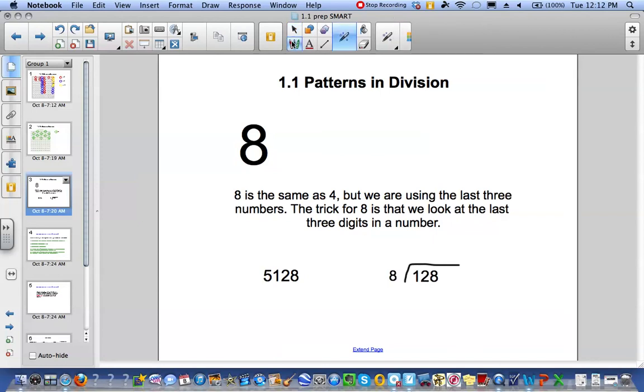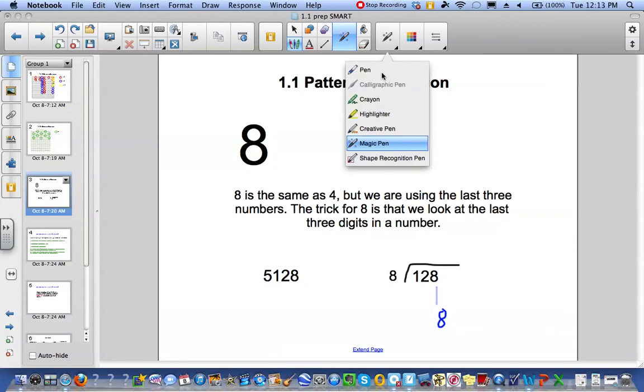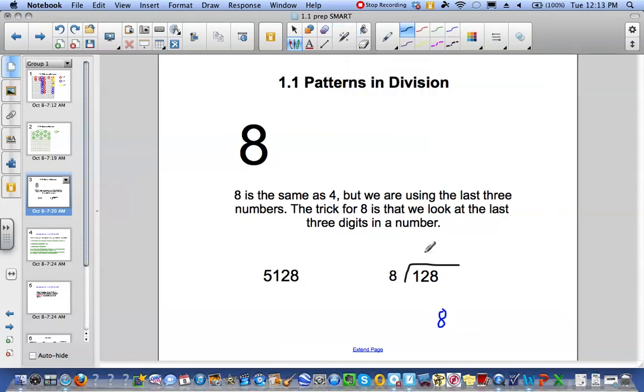Now I know that 8 goes into 12 once, and then I can take that 8 away from here, and that will give me 4. And then I can bring down that 8. Sorry, 8 goes into 12 once, and then I can subtract that 8.